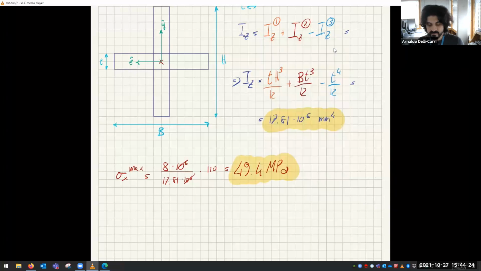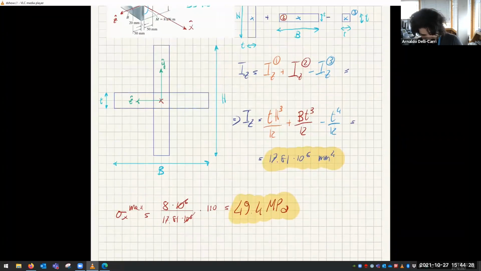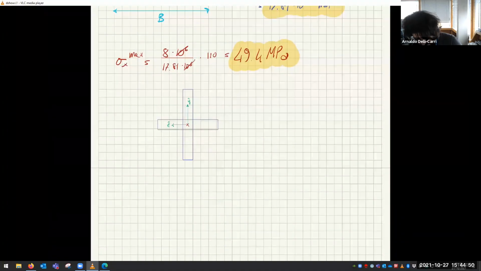Okay. Now, of course, I have some space here, so let me redraw this one. Let me copy this because I want to show you the stress distribution as well. The stress distribution looks like this.